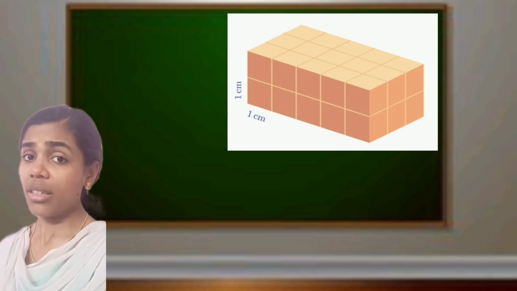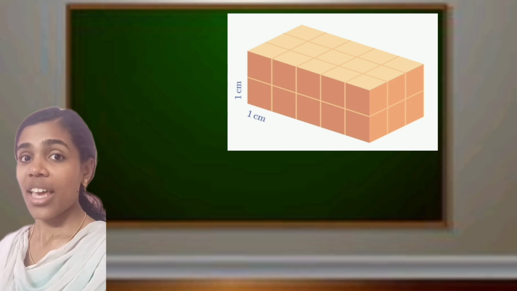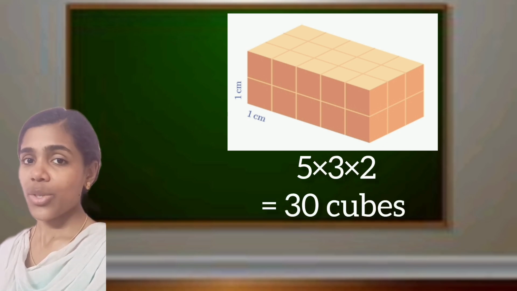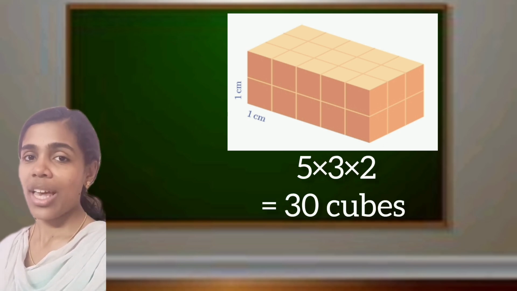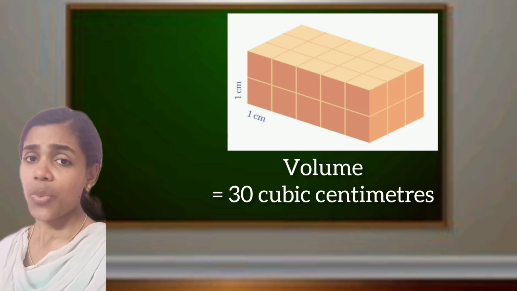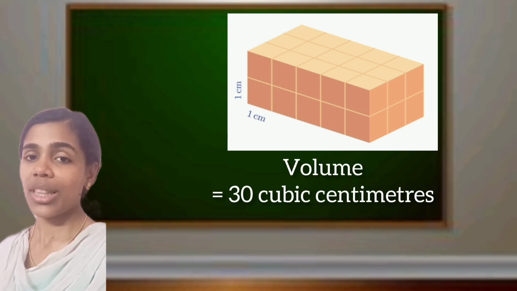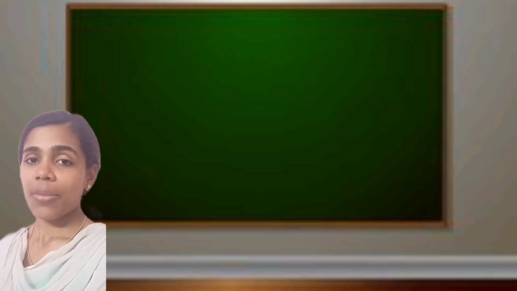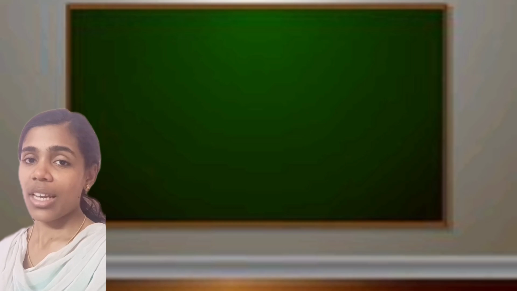How do we get 30 cubes? Yes, it contains 5 into 3 into 2, that is equal to 30 cubes. So its volume is 30 cubic centimeters. The volume of a rectangular prism can be described in a different manner.